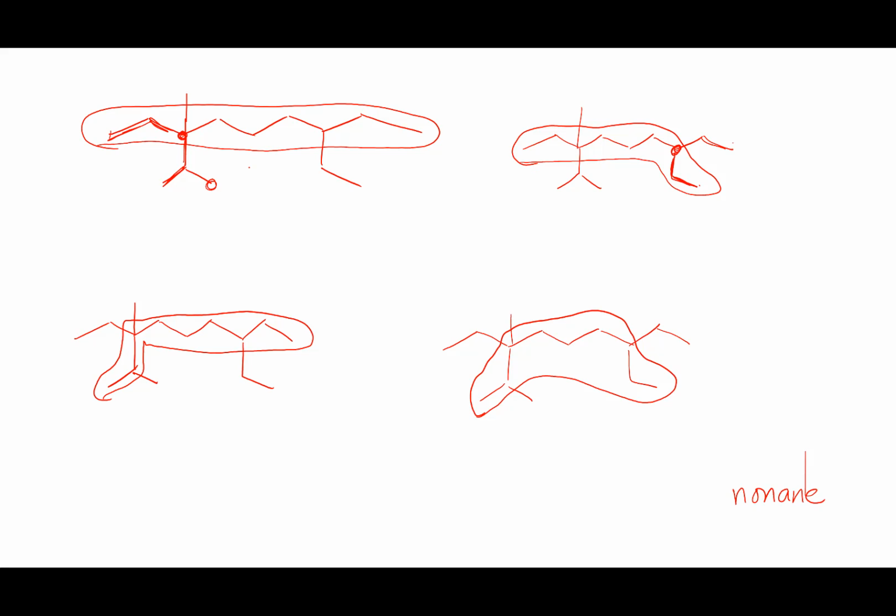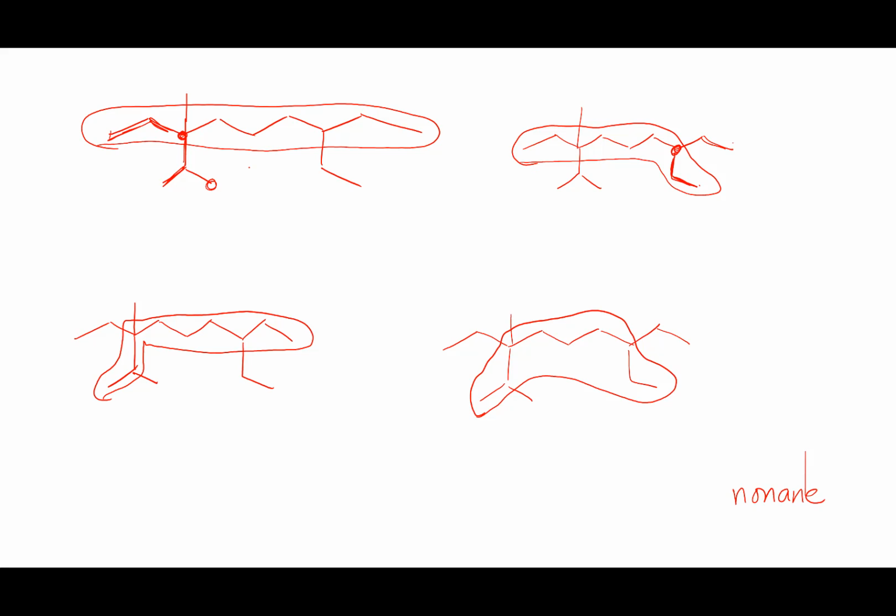So the rule is that if you have more than one longest chain, the tiebreaker is we're going to use the longest chain that yields the most substituents. And what's a substituent? It's the group off the long chain. What I like to do is circle it like this.